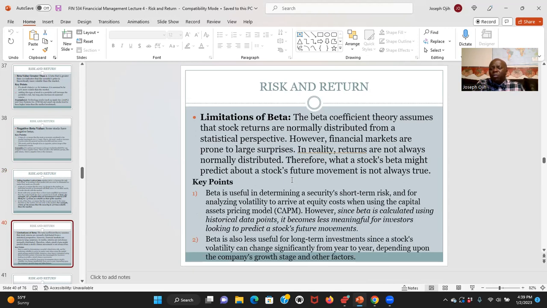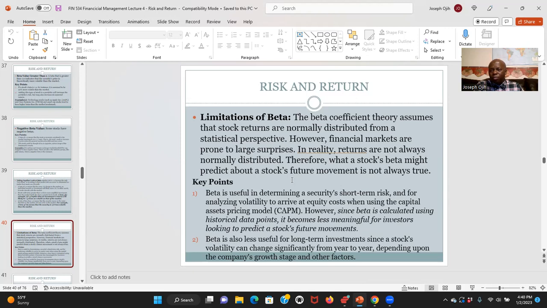Remember that the theory behind the beta coefficient is the assumption that stock returns are normally distributed from a statistical perspective. But the truth is that financial markets are very prone to surprises. Returns may not always be normally distributed.